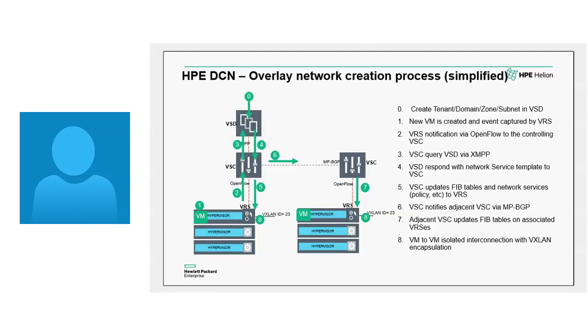So the VRS basically sends a notification to the VSC, and the VSC then queries the VSD via XMPP, and then the VSD responds with the policy, which then comes into the VSC, and then this VSC talks to all of its adjacent VSCs via MP-BGP.